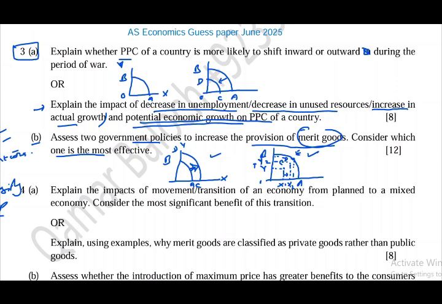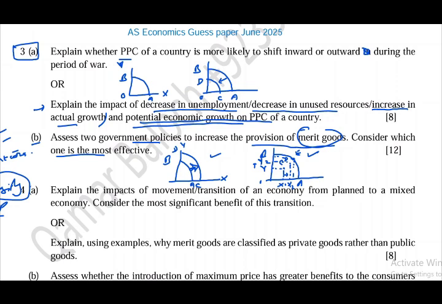But on the other hand, to evaluate this situation, you can say that these policies might not always be effective, because subsidy provided by the government may be misused in the economy, and private sector may not use this subsidy fully for the production of merit goods that are beneficial to the society.